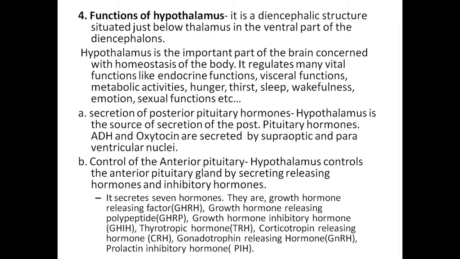Control of the anterior pituitary. Hypothalamus controls the anterior pituitary gland by secreting releasing hormones and inhibitory hormones. It secretes seven hormones. They are growth hormone releasing factor, growth hormone releasing polypeptide, growth hormone inhibitory hormone, thyrotropin releasing hormone, corticotropin releasing hormone, gonadotropin releasing hormone, and prolactin inhibitory hormone.